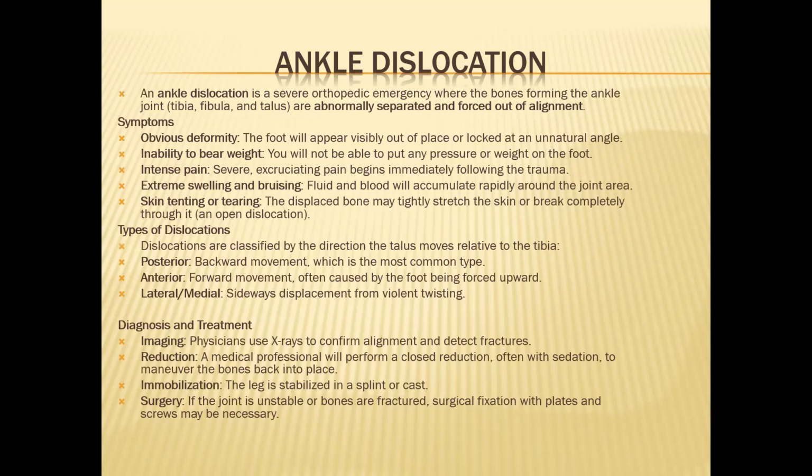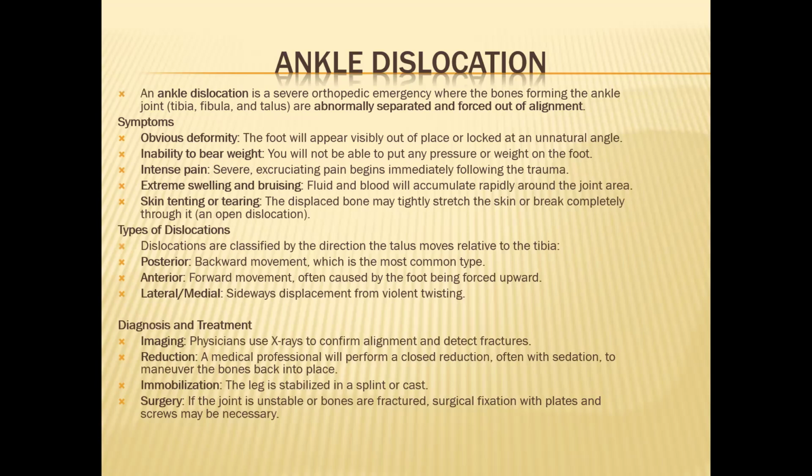For diagnosis, we need to do an X-ray to confirm the position of the bones, with AP and lateral views. If there is a combination of dislocation with fracture, we need to do a CT scan to completely assess the joint. Like all dislocations, ankle dislocation also needs urgent reduction.